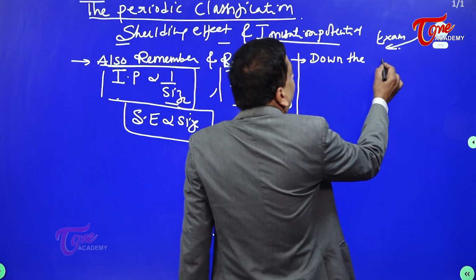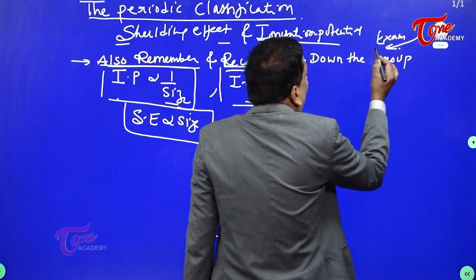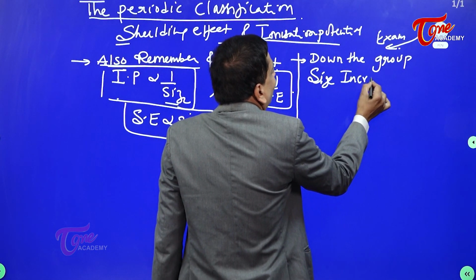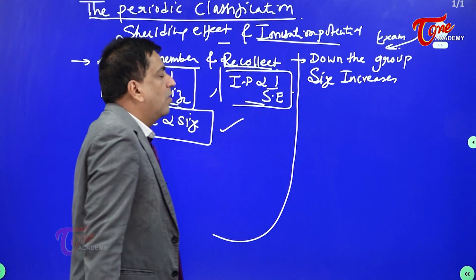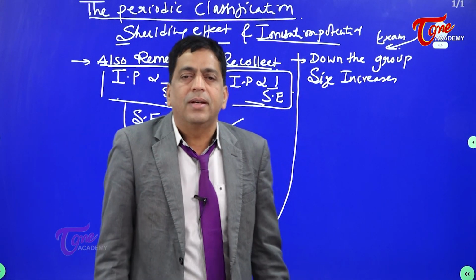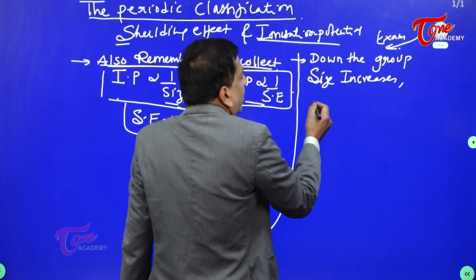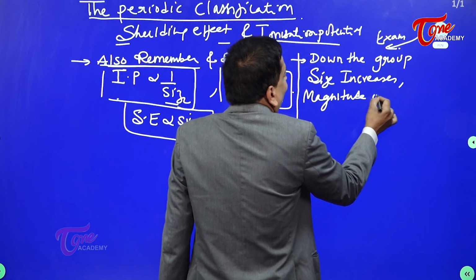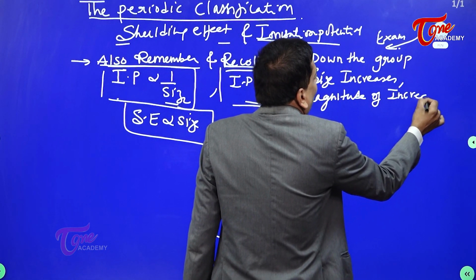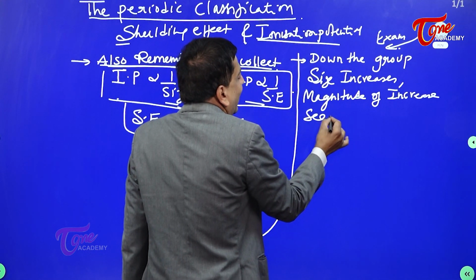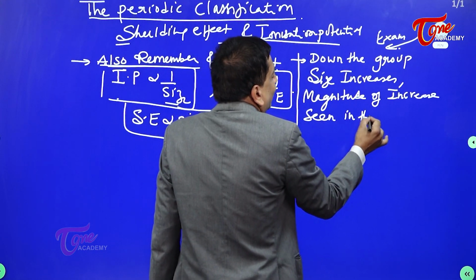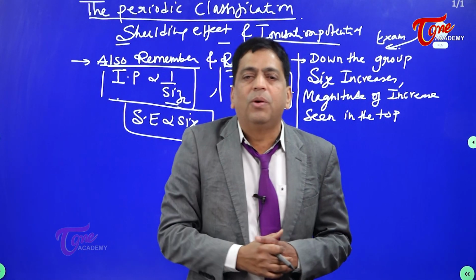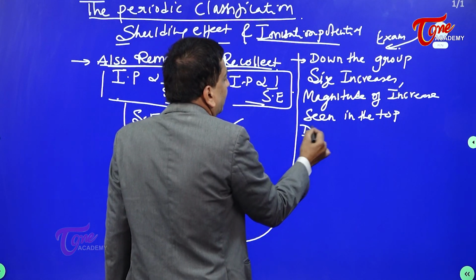Down the group, the size increases. There is no dispute in it. But what I am telling is, the magnitude of increase which is seen on the top of a group diminishes down the group.